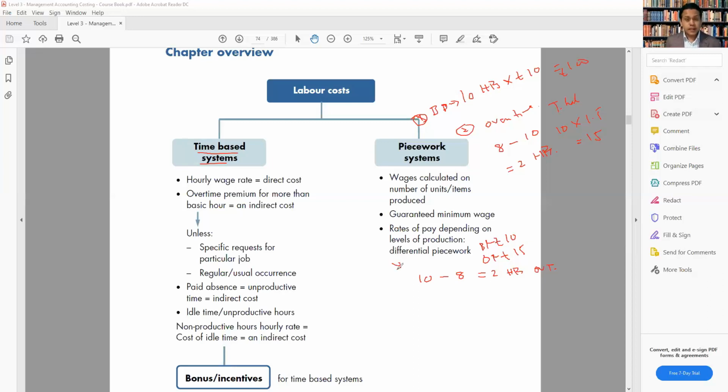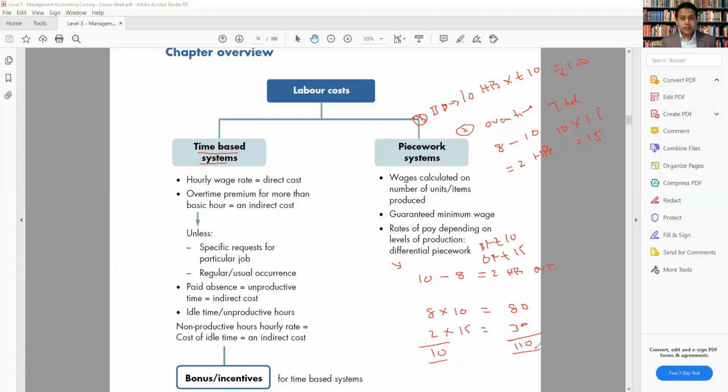So normally some students, the way they calculate, or maybe I calculate, let's say I worked 10 hours. Out of 10, 8 hours is the basic, so 8 times 10, that will be 80 pound, and another 2 hours I work, that will be 15 per hour, so that will be 30. So if I work 10 hours one day, I should receive 110 pound. So maybe that will be our calculation.